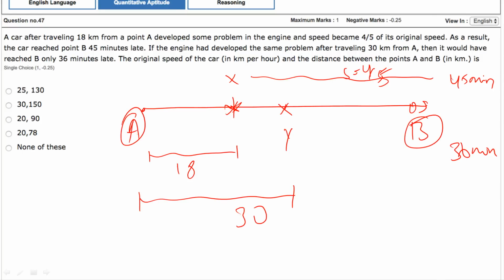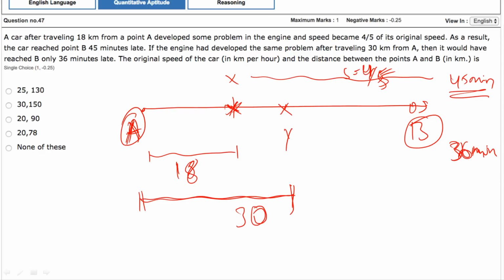Now the question is, the man or woman started from here. After traveling 18 kilometers, they had a problem in the car, speed reduced to 4/5, and got late by 45 minutes. Had this happened at 30 kilometers, they would have been late by only 36 minutes.